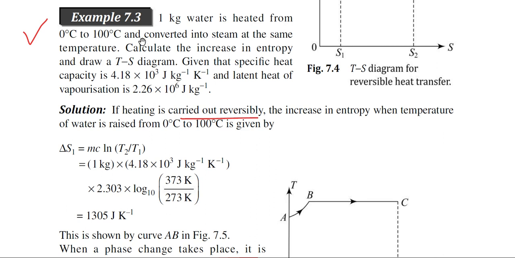So, if you go through the problem very carefully, then you just consider that this process is basically a two-step process. Why? Because at first 1 kg of water you are heating from 0 to 100 degree centigrade, and when the temperature of the water reaches 100 degree centigrade, then at this particular temperature the water is converted into steam.